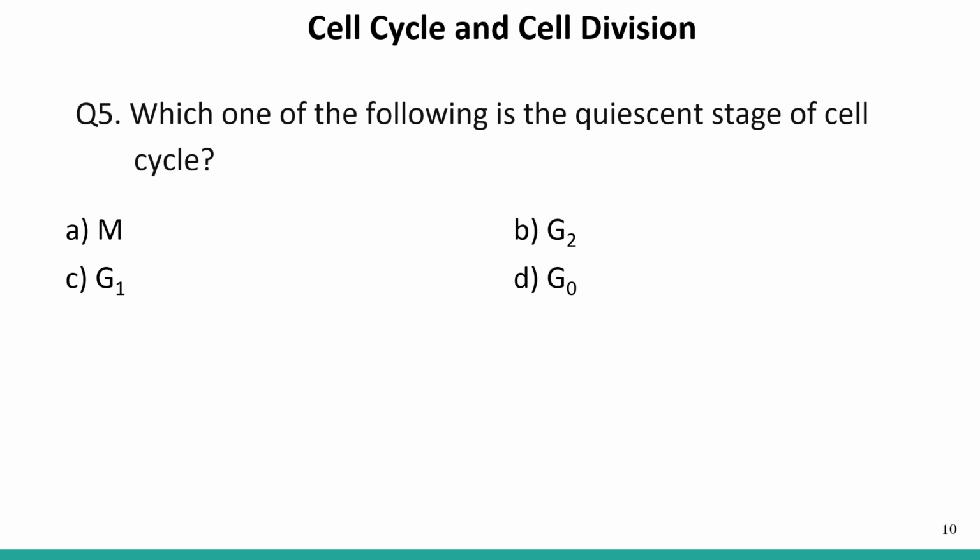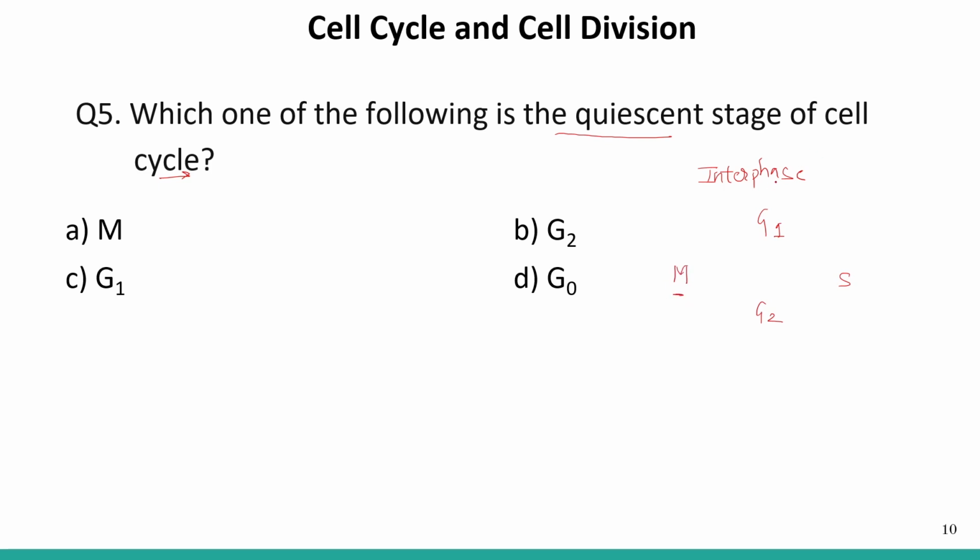Now coming to the fifth question, which one of the following is the quiescent stage of the cell cycle? So they are talking about the interphase. Interphase we know is divided into G1, S and G2 phase, and then we have the mitotic phase.